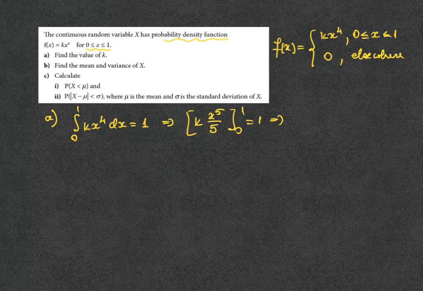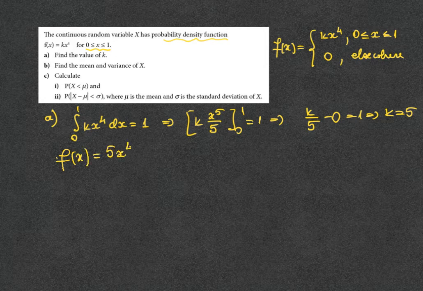So k/5 minus 0 needs to be 1. So k needs to be 5. So your function f(x) is going to be 5x^4 for x between 0 and 1. And as you see, it is always positive, so it's a probability density function.